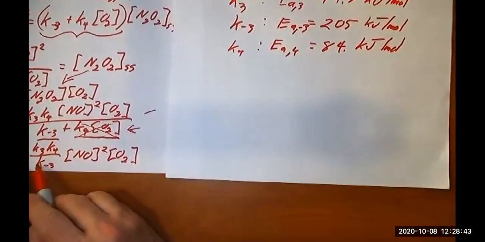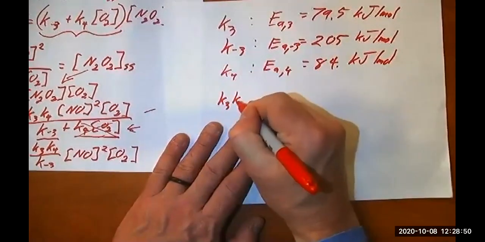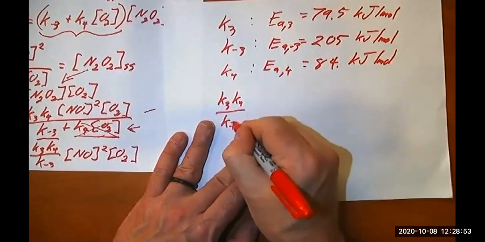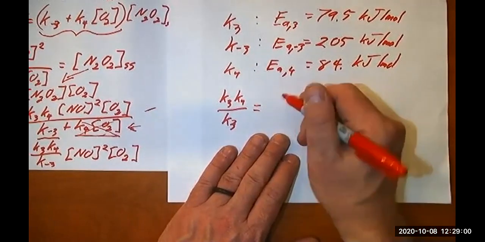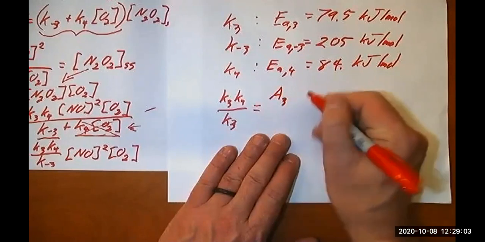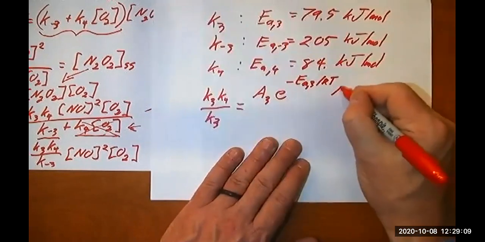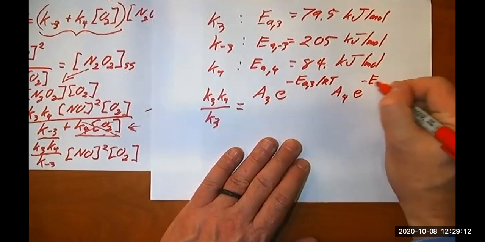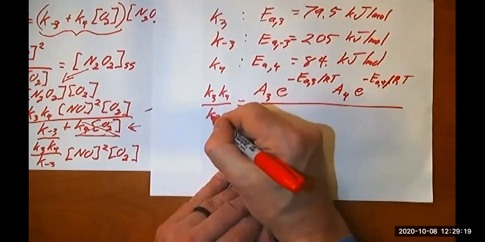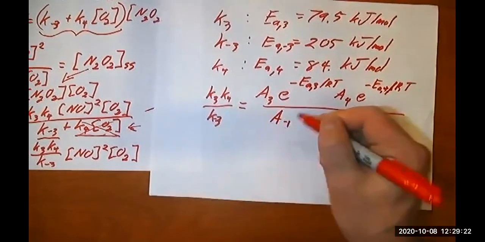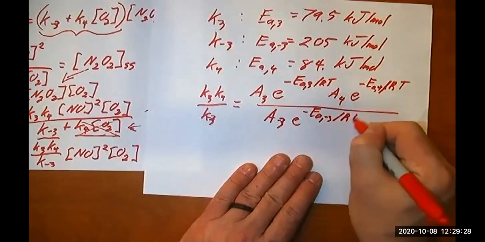So if we take this expression here, K3, K4 over K minus 3, and if we plug in the Arrhenius equation for each of these, the pre-exponential for step 3, e to the minus EA3 over RT, A4 e to the minus EA4 over RT, all over A minus 3, e to the minus EA minus 3 over RT.